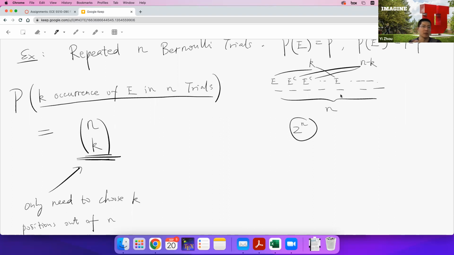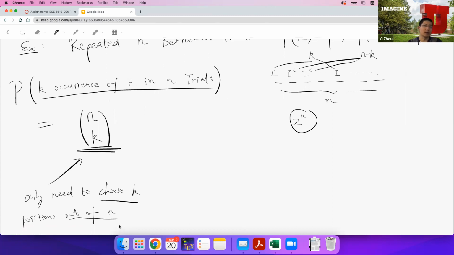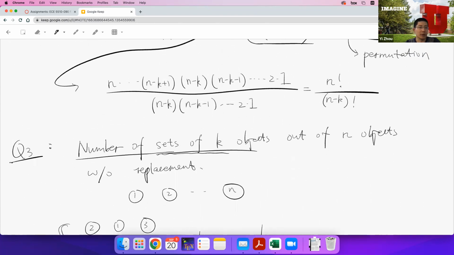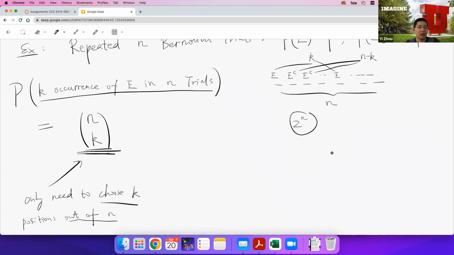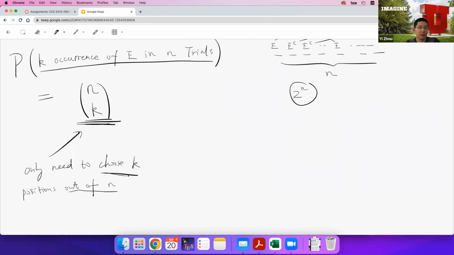That gives a proper outcome of this event. Right? And selecting K positions out of N is a combinatorial problem of Q3, right? We only care about selecting K objects out of N objects. We don't care about the ordering among these selected K positions, because all of them will be filled with the event E. Okay, so the ordering doesn't matter. We only care about the number of occurrence.